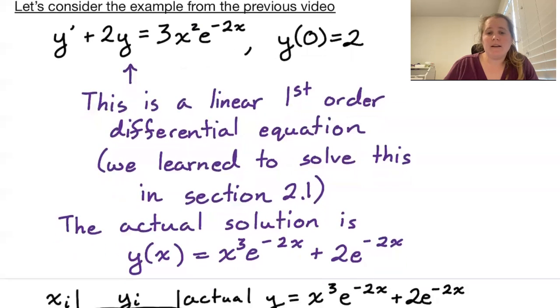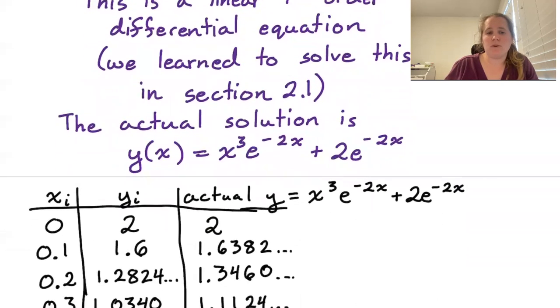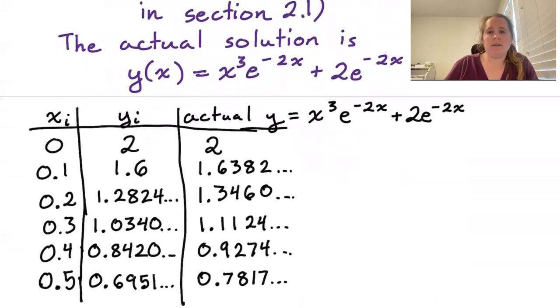So I went ahead and copied the values from our previous problem, calculating by hand. Xi, Yi are what your book uses for each new set of initial conditions, essentially.